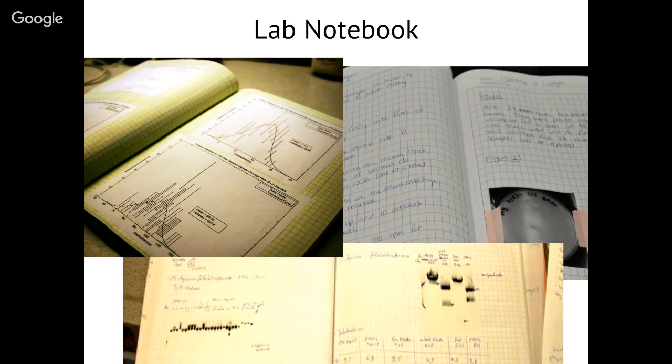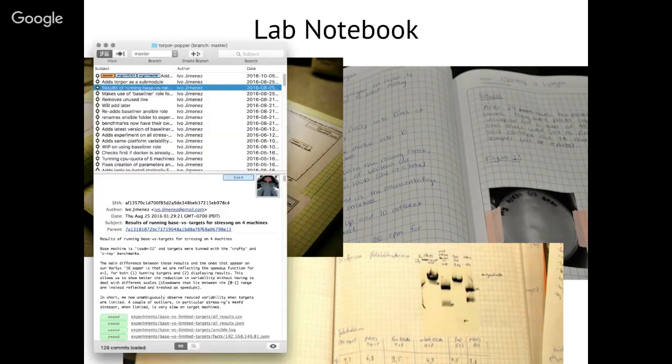If you've used version control systems before, we could use the commit log as a lab notebook, because a version control system is also a record of what changed, and if we use commit messages to describe the changes we've done, we have a record of why a change was done and what was changed over time.